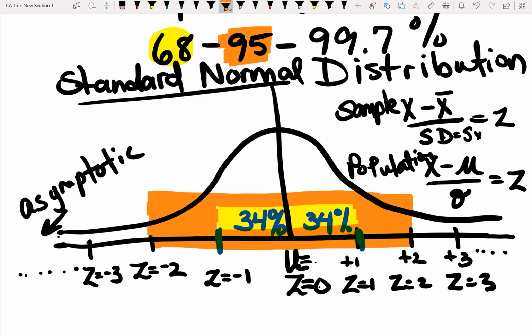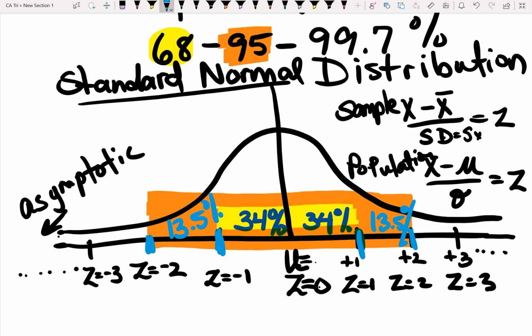So 95% minus the 68% leaves us 27%, divided in half, puts us at about 13.5 on either side. So that means that in this little nook between here and here, we have 13.5% of the data. And in this little nook, we have 13.5% of the data, meaning between the positive 1 and the positive 2 z-score, and the negative 1 and the negative 2 z-score.